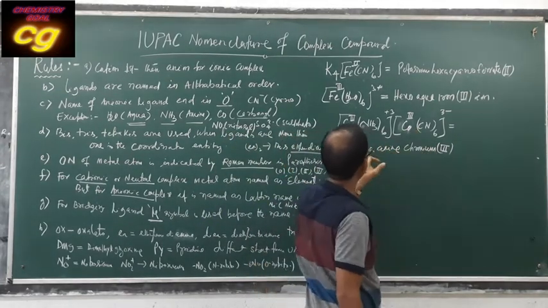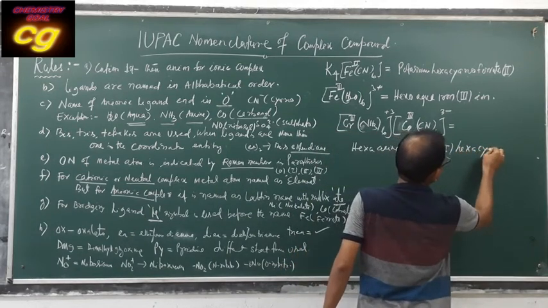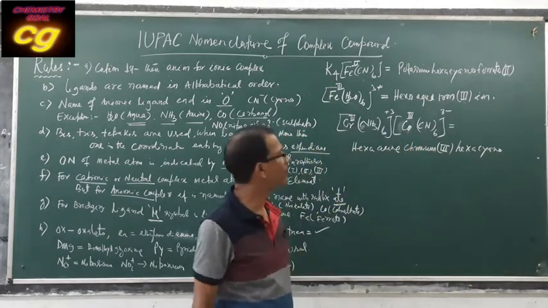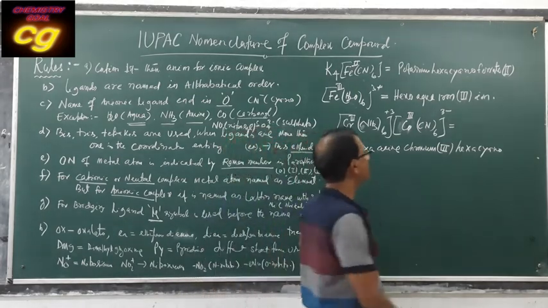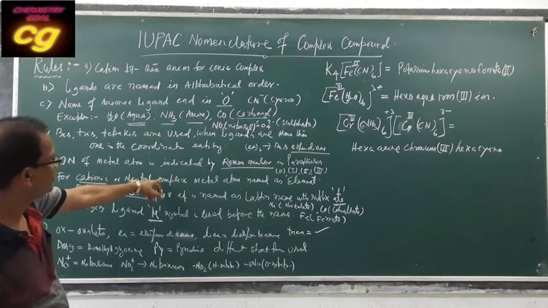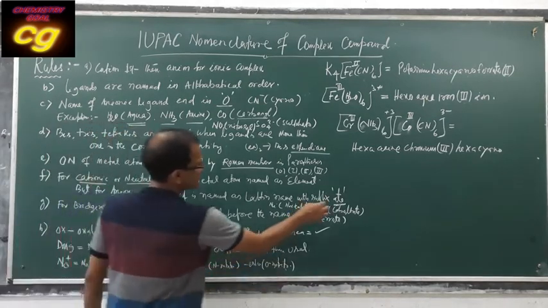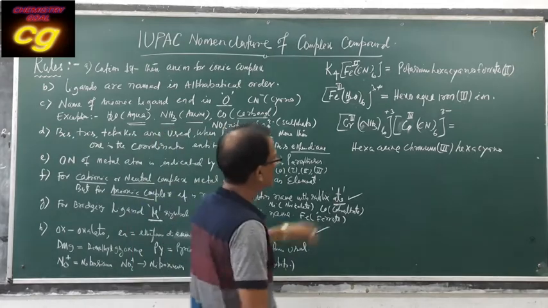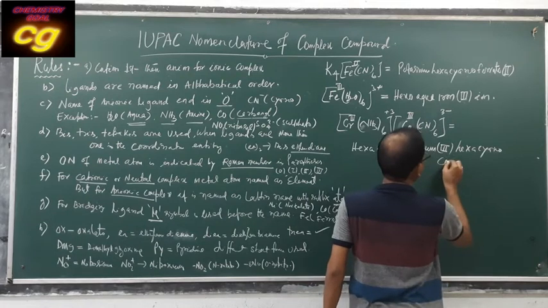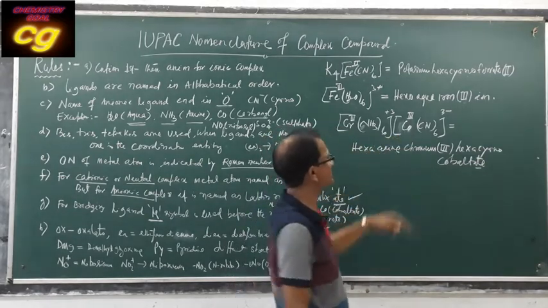As a negative complex, hexaamminechromium(III), then hexacyano, and now as it is a negative complex, we will use ate here. So hexaamminechromium(III) hexacyanocobaltate. The name will be cobaltate, and the cobalt charge is 3.